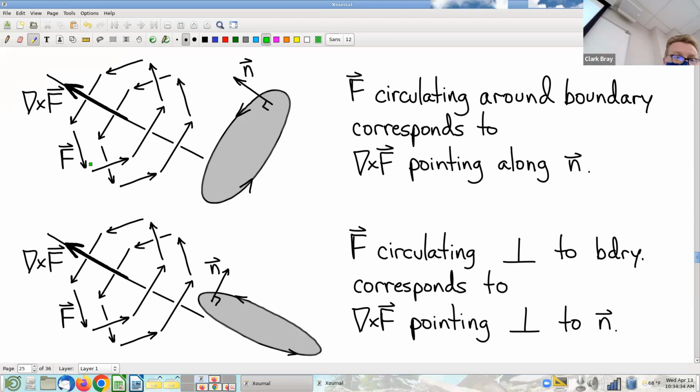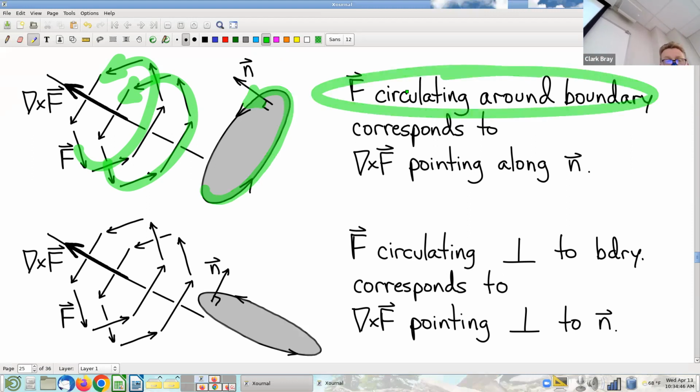Well, a lot, because there's the circulation of the vector field itself. The boundary is going around the same way. That vector field is representing a literal circulation around this boundary.